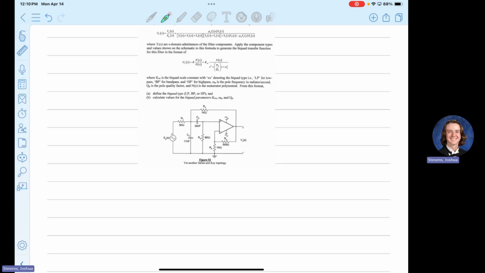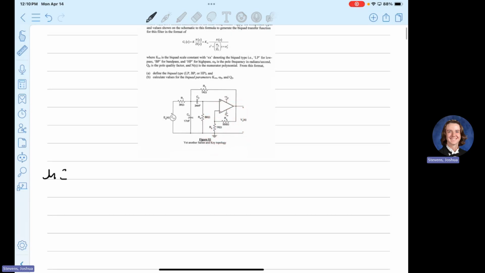This feedback topology tells you that mu A is equal to 1 plus RA over RB. That's also in book 2, chapter 3. I have to find out where that is. Give me one sec. This book 2, chapter 3 has everything you need for these types of problems. It's just going to be convoluted to find it.